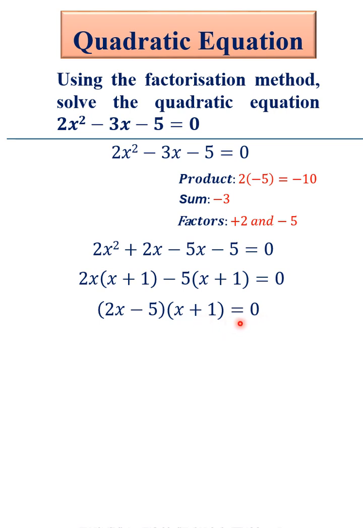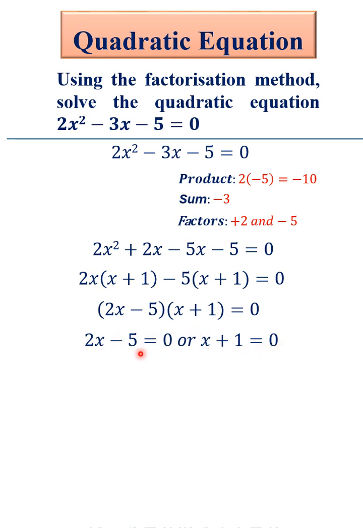For the numbers to be equal to 0, it means either 2x − 5 is equal to 0, so that 0 times this gives us 0, or x + 1 is equal to 0, so that 0 times this would also give us 0. So the expression can be rewritten as either 2x − 5 = 0, or x + 1 = 0.